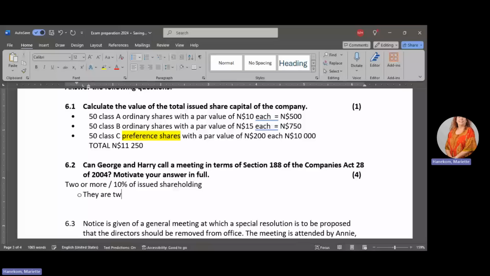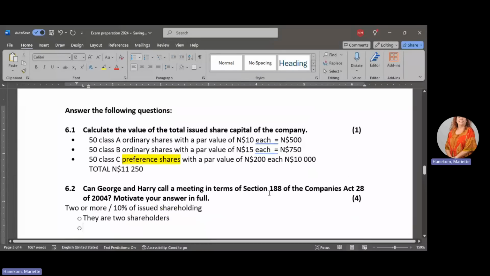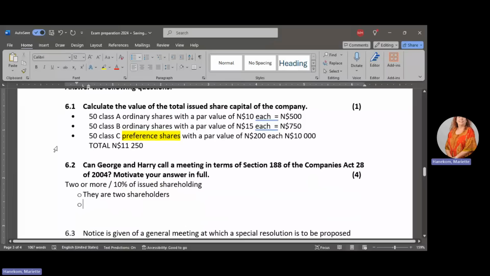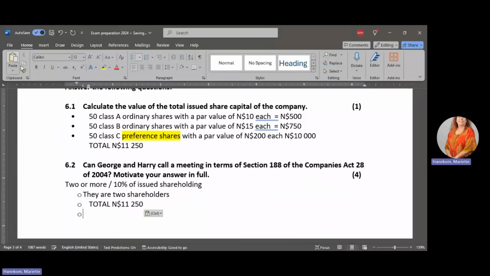You actually literally get a mark from this. George and Harry are two people. Then 10% of the issued shareholding. Now we've already calculated the issued shareholding. I actually made it easier for you by asking you that first question.